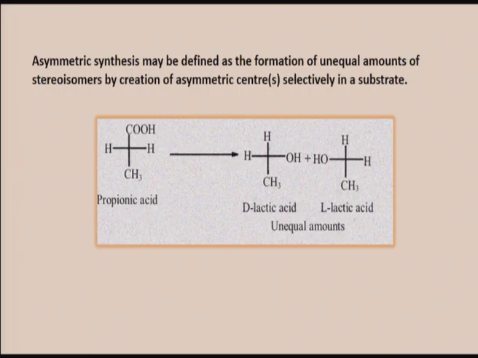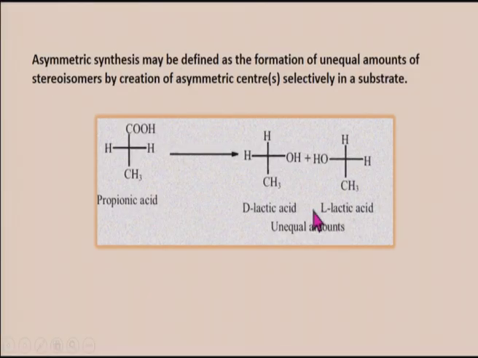We have only 3 different groups, but to say chiral center we need 4 different groups. That's why this particular substrate is not called a chiral carbon.